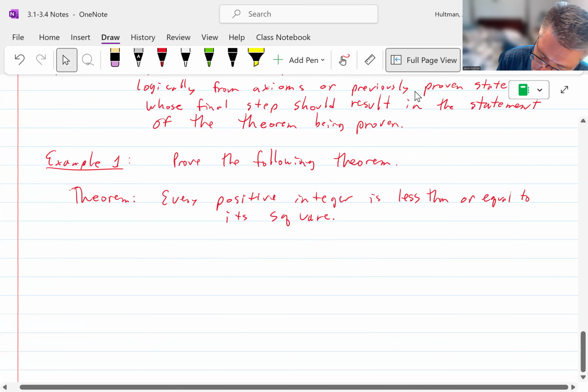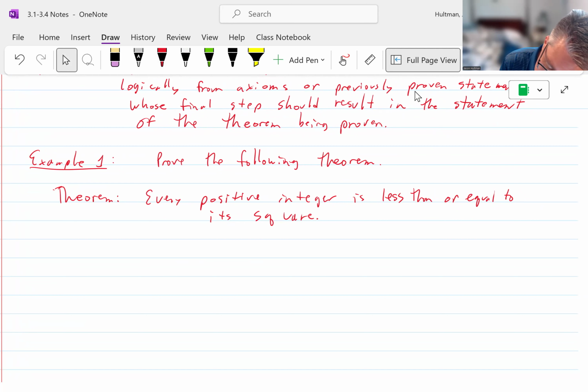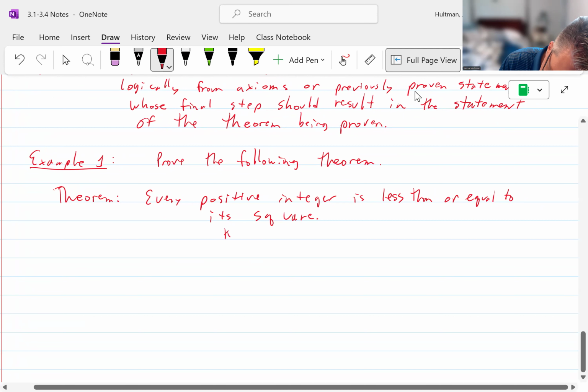Okay, every positive integer is less than or equal to its square. Okay, so if I take a positive integer, say k, we're saying that it's less than or equal to k squared.